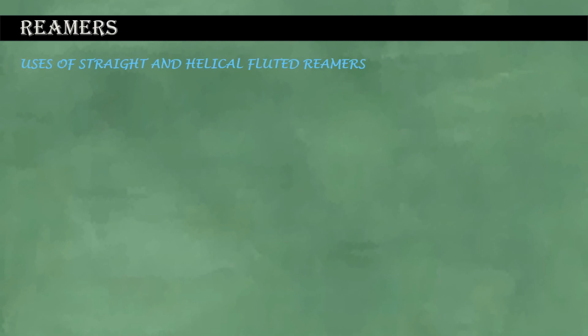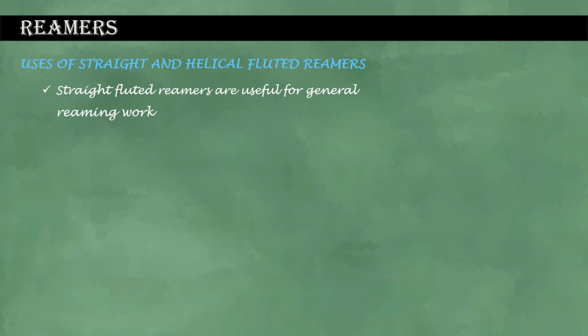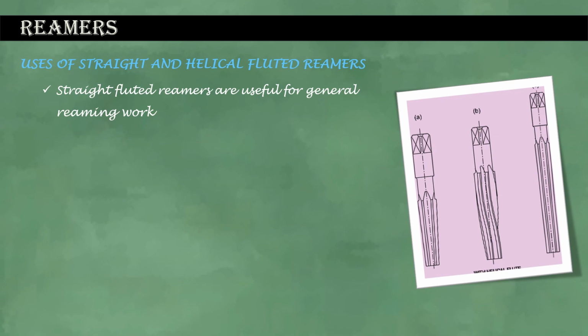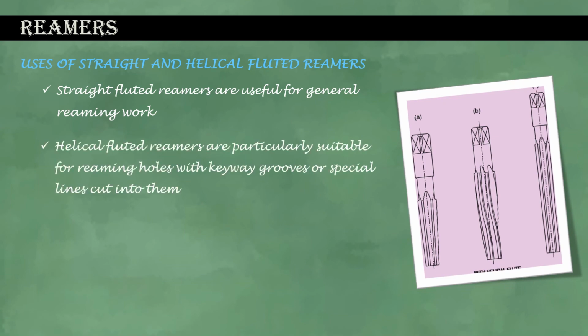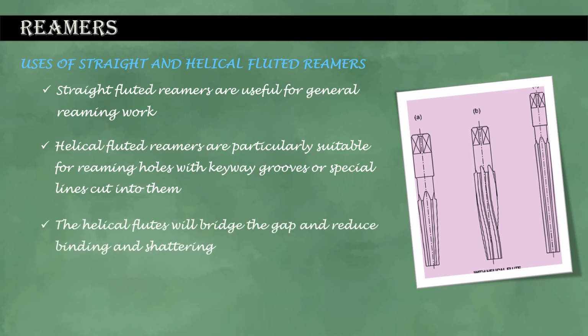Uses of straight and helical fluted reamers. Straight fluted reamers are useful for general reaming work. Helical fluted reamers are particularly suitable for reaming holes with keyway grooves, or special lines cut into them. The helical flutes will bridge the gap and reduce binding and chattering.